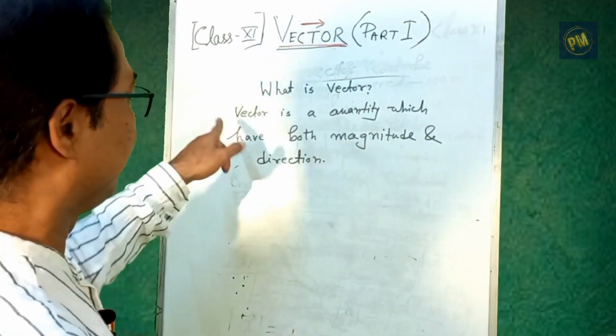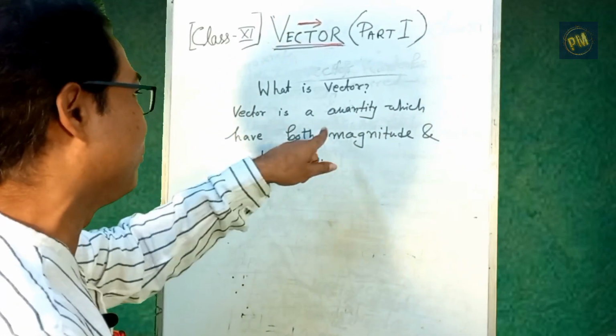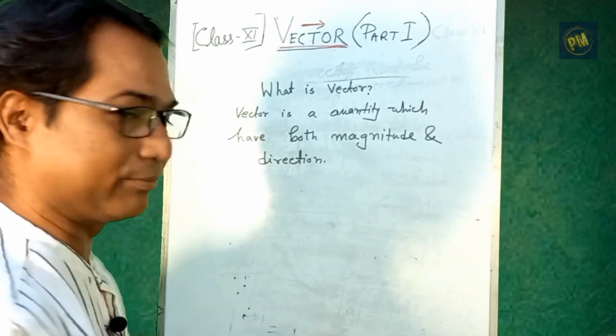What is vector? Vector is a quantity which have both magnitude and direction.